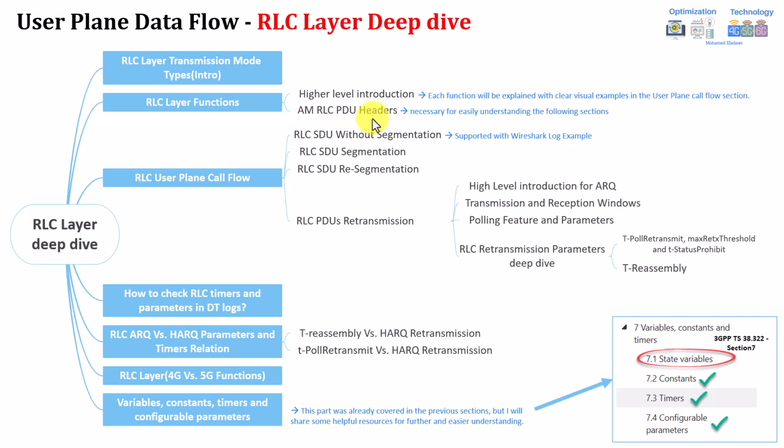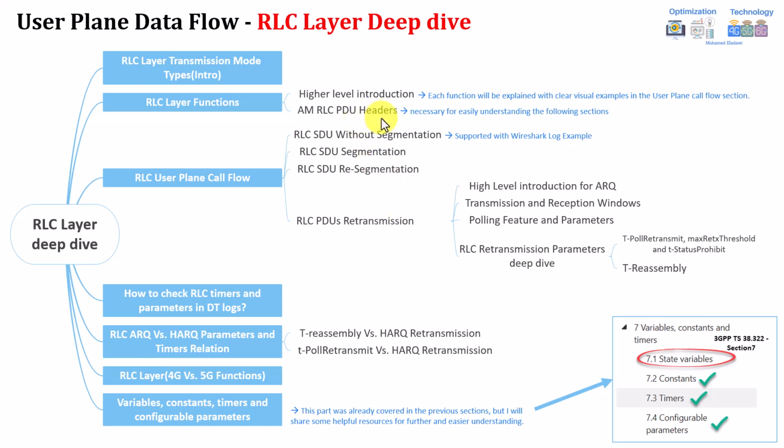You need to understand the headers very well, because if you understand the headers, and it's an easy one, you will understand whatever is happening at the RLC in terms of retransmission, segmentation, resegmentation, and if you have any Wireshark logs, you can analyze them easily if you understand the header.